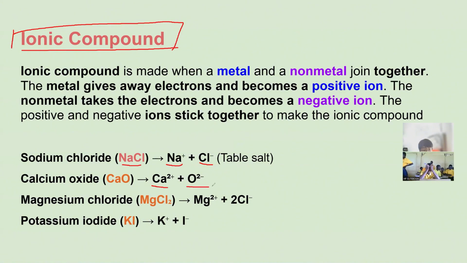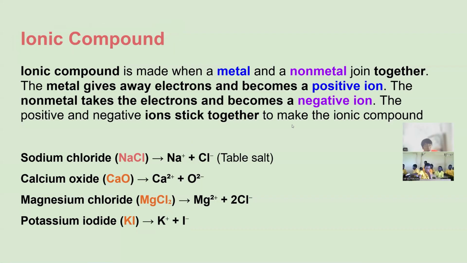So Ca2 plus and O2 minus form CaO, Mg2 plus and 2 Cl minus form MgCl2, and K plus and I minus form KI. This happens because K has a positive charge and I has a negative charge, and this comes from ions tending to lose or gain electrons. So that's the basics of ionic compounds.